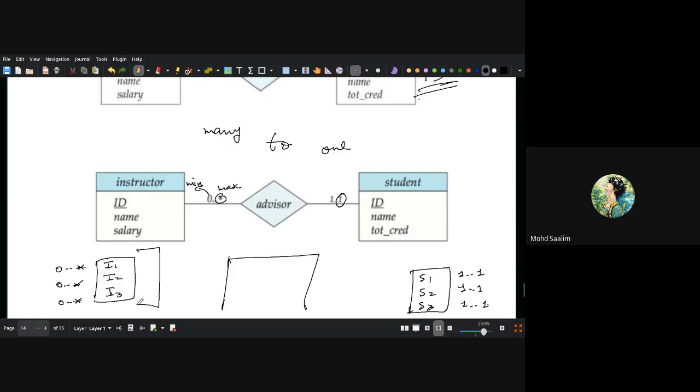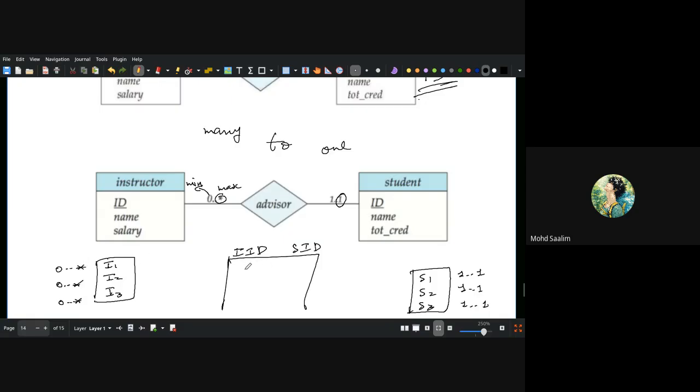So let's start with this left hand side. At minimum, what is the minimum threshold? 0, right? When the minimum threshold is 0, what does that mean? I1 can participate or not. Let's say this is instructor ID and this is student ID. So I1 can participate at least 0 times in this relationship.